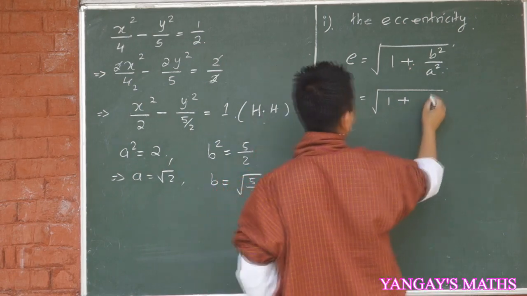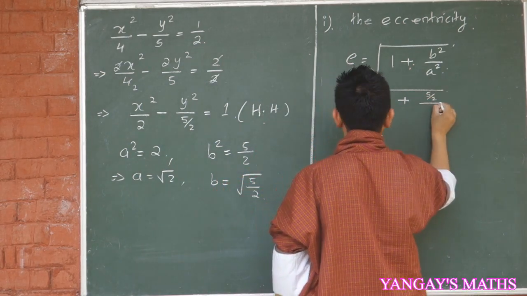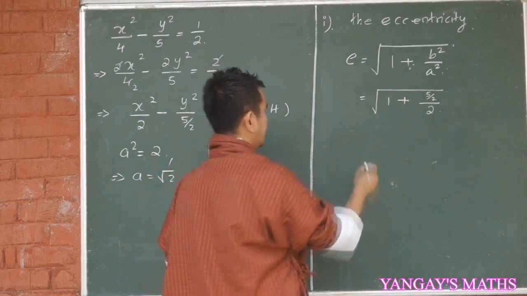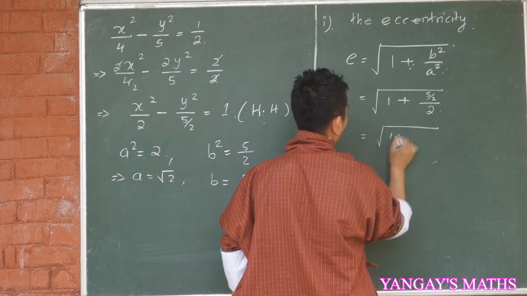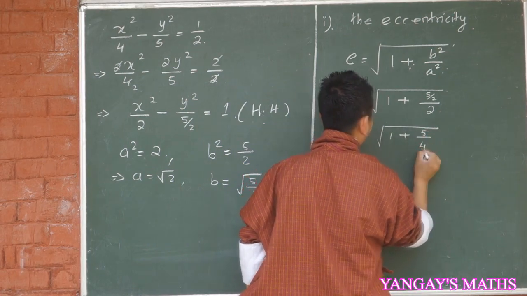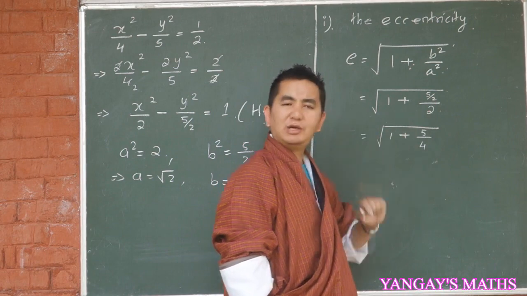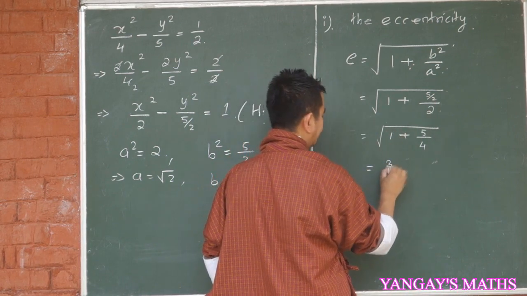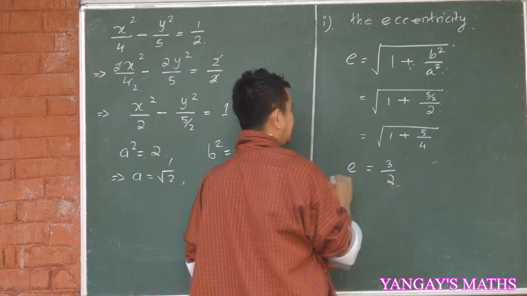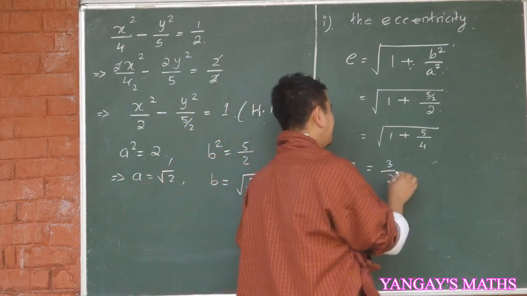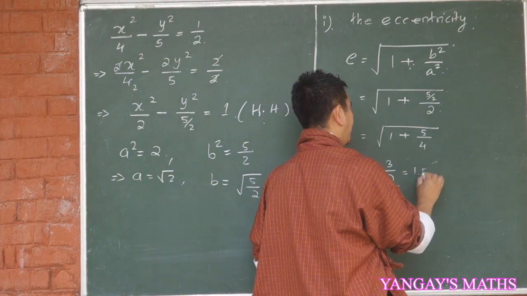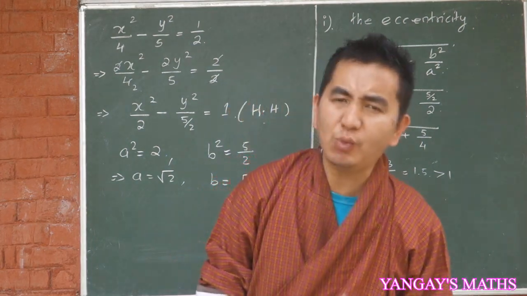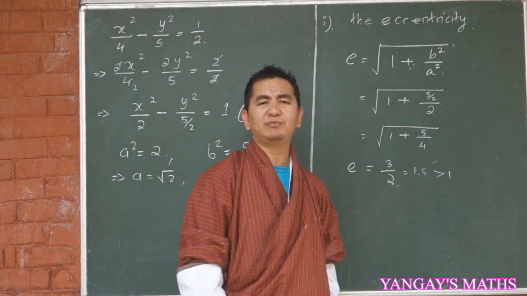We have b squared value 5 over 2 divided by a squared value, which is 2. So this can be written as 1 plus 5 divided by 4. Definitely this 2 will come down. Then 4 plus 5 is 9. Square root of 9 is 3, so 3 divided by 2. This is nothing but the eccentricity value. If I divide, I will get 1.5. Is 1.5 greater than 1? Yes, 1.5 is greater than 1. This becomes the eccentricity of the hyperbola.